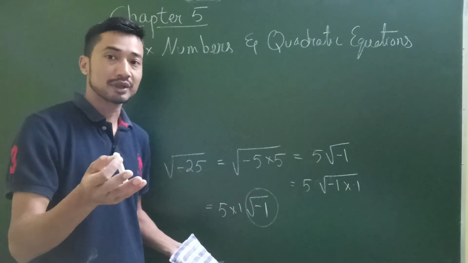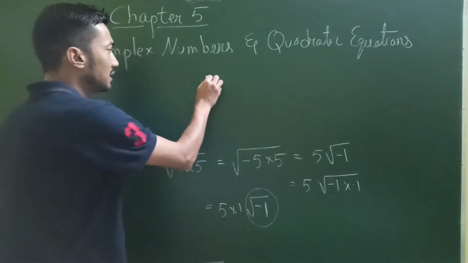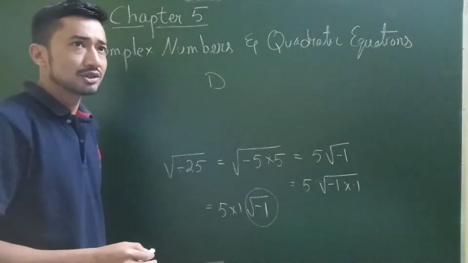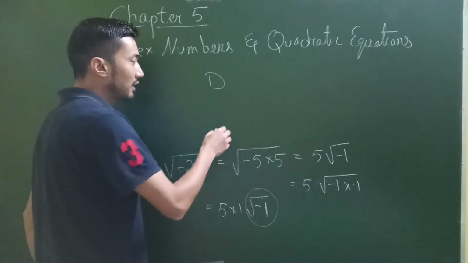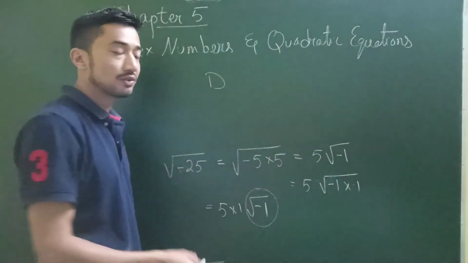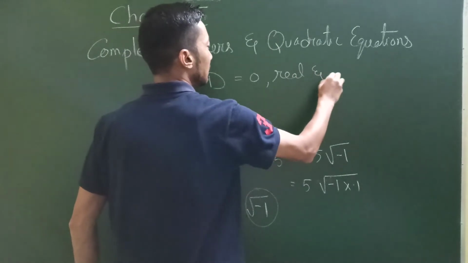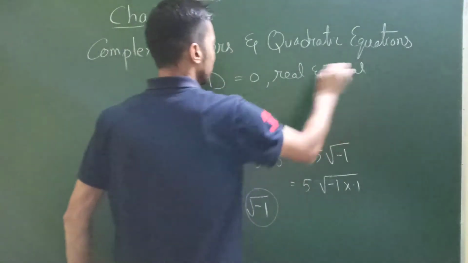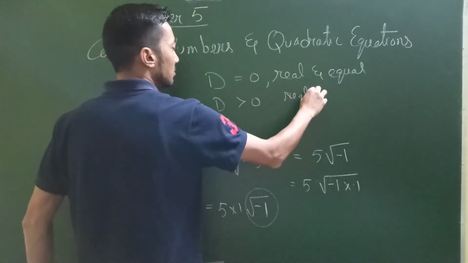That's why, if you remember in class 10 when we were doing quadratic equations, about the discriminant D. Of course we'll go back to that, but later on. If you remember the value of D, about the nature of roots, if D equal to 0, then we used to say that they are real and equal roots. If D was greater than 0, then we say that the roots are real.